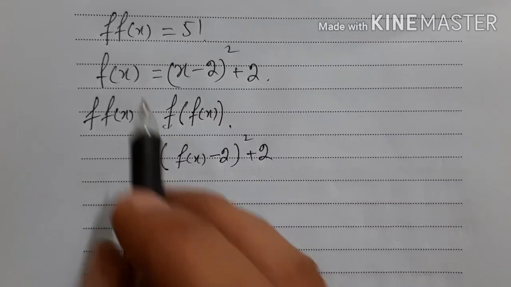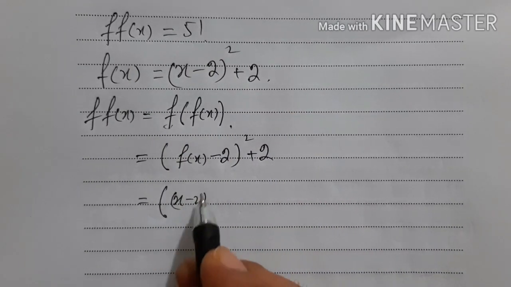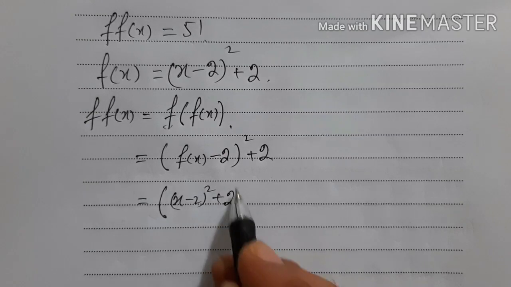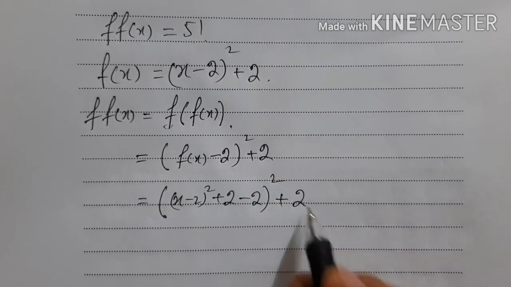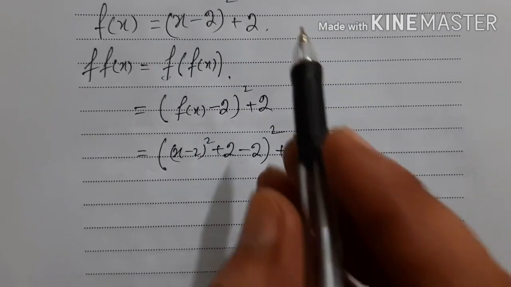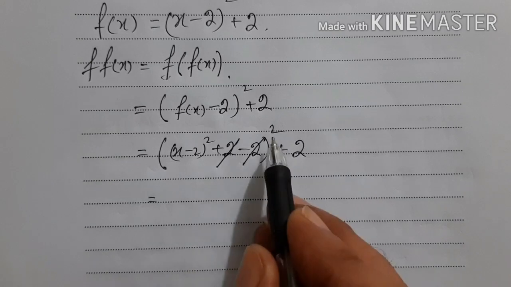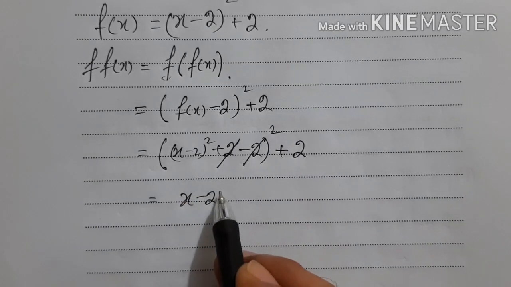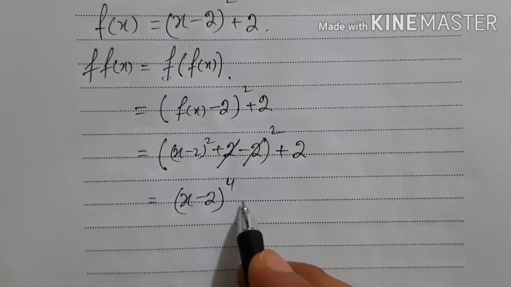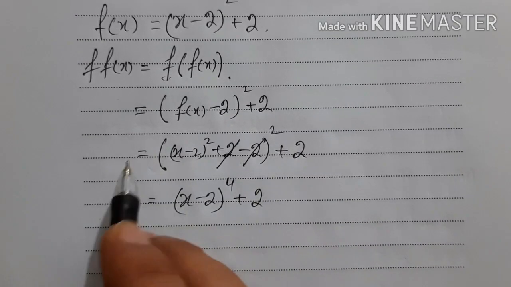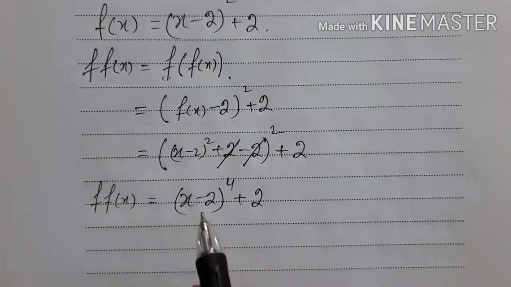So put the value of f(x) again here: ((x minus 2) whole square plus 2 minus 2) whole square plus 2. This 2 will be cancelled with this one. So we're left with (x minus 2) to the power 4 plus 2, for f of f of x.